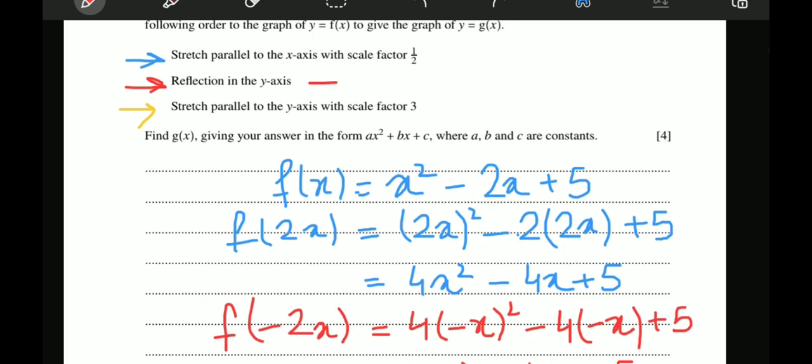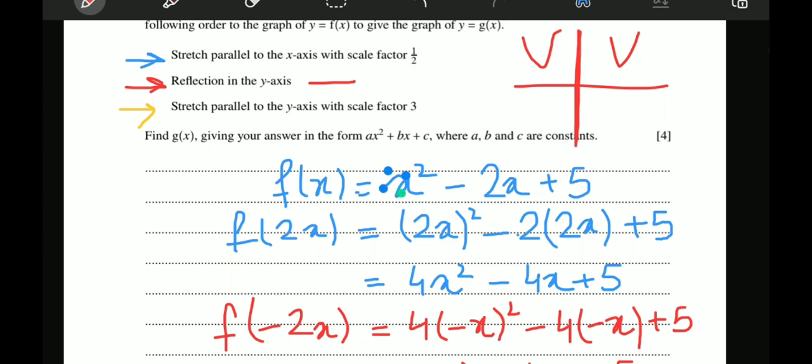Next is reflection in y-axis. What does that mean? That means that in the y-axis you are going to get your reflection. For example, your curve is here, then it is going to be reflected in the y-axis. So obviously you will be having a minus sign inside the function.